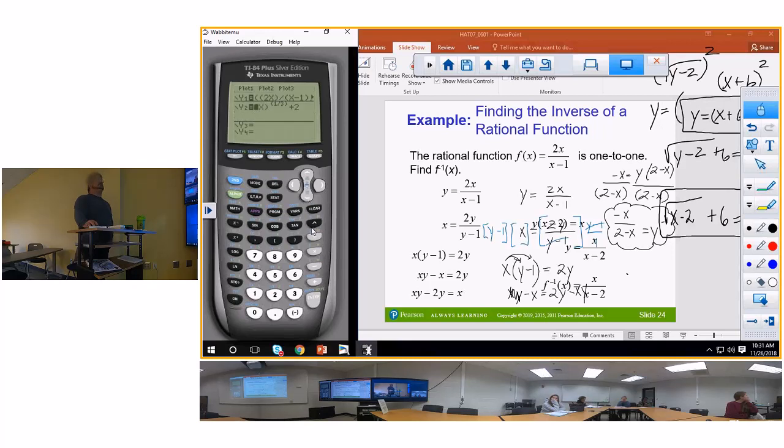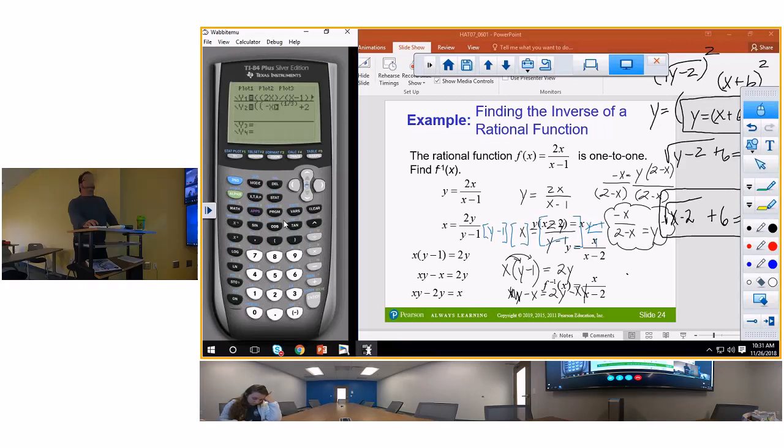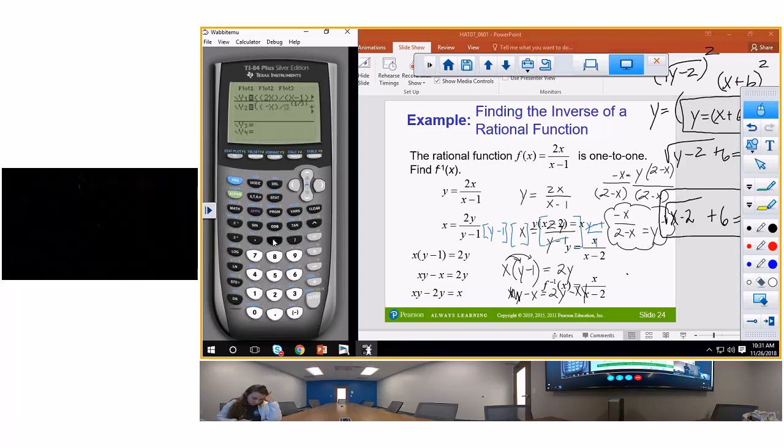And then the next one, I'm going to put parentheses, negative x, close parentheses, divided by parentheses, 2 minus x.